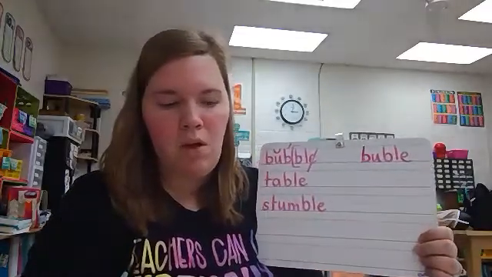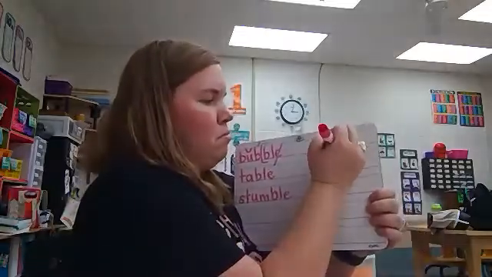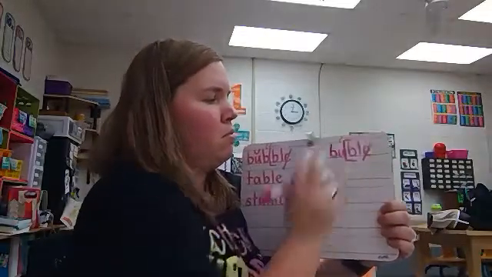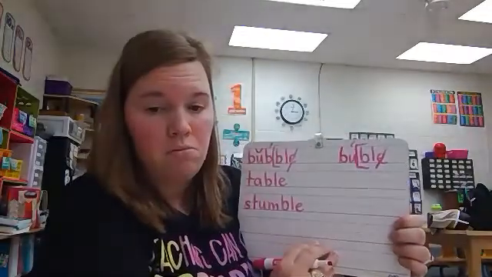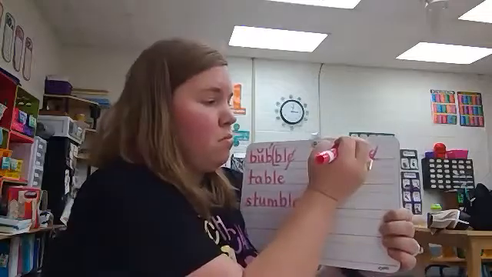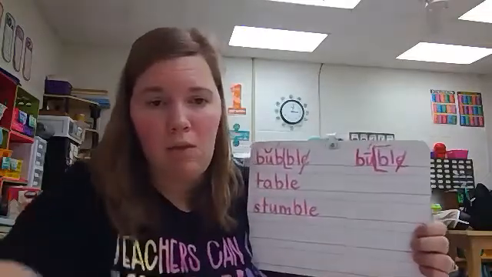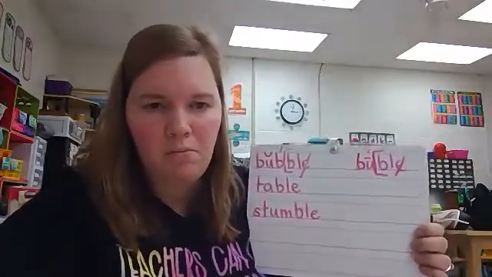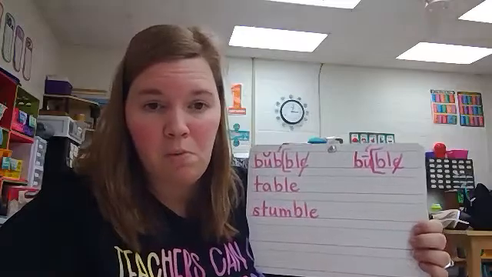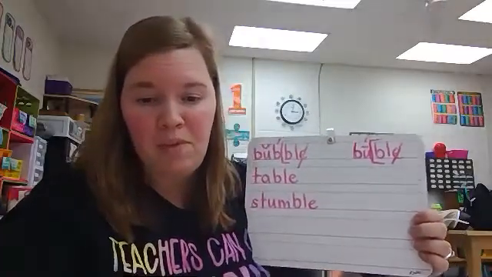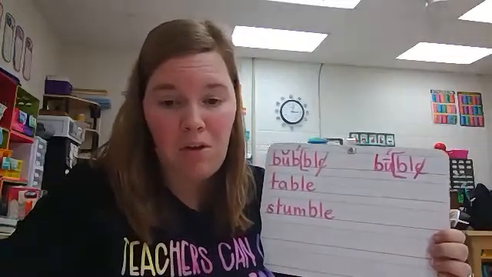Okay, so let's code it. Final stable syllable, B-L-E. This you would get a macron. How would we say this word? Buble. We would say buble. So why did the vowel U change?